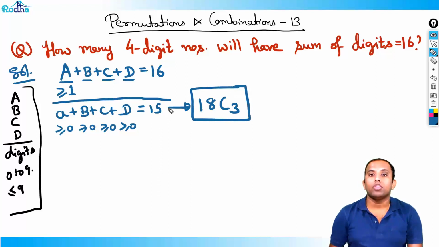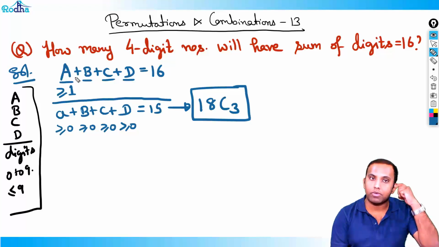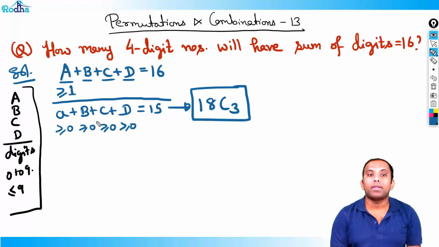But the problem here is, again, the same thing. We have satisfied the minimum condition that A has to be at least 1, which means it's a 4-digit number. But the sum of the 4 digits is 15, and we haven't put any condition that each can be only from 0 to 9.